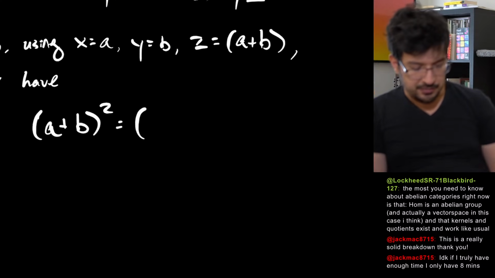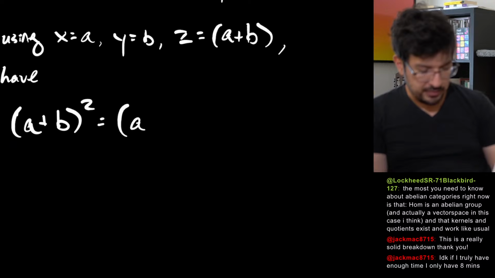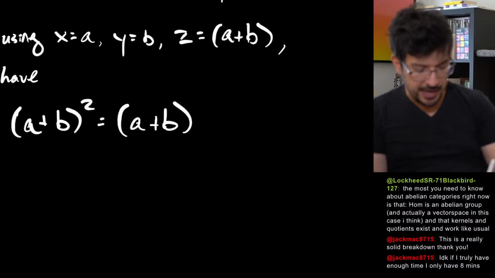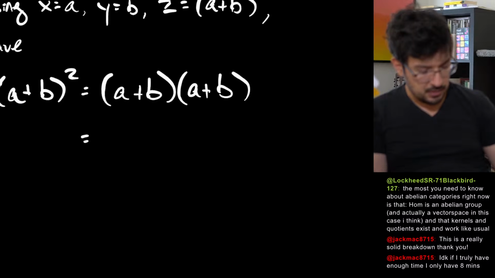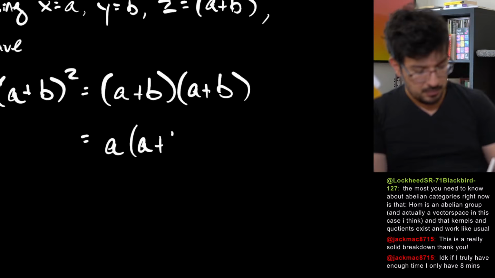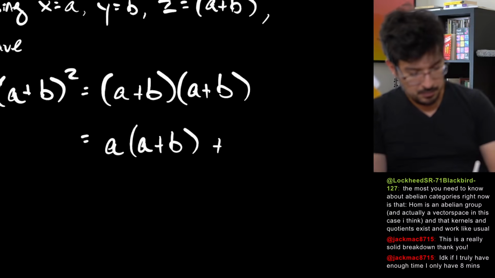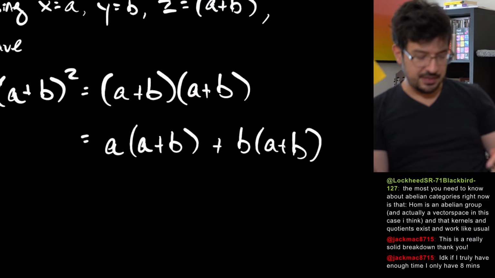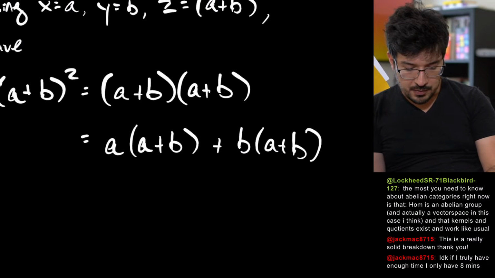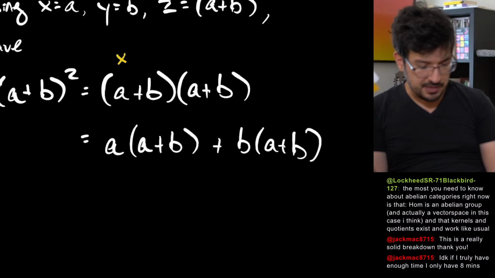By definition of a power, this is the number A plus B times itself. Now, this is a step that's a little confusing if you haven't seen this already, and so I just really want to call this out.